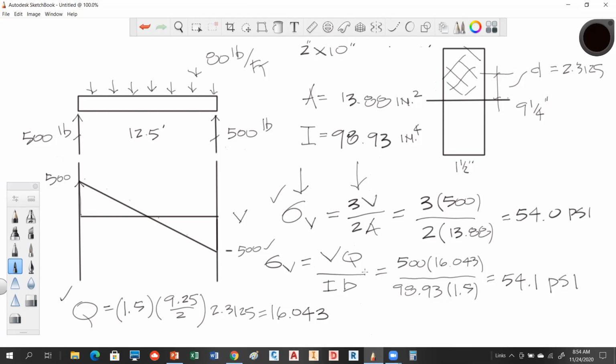The second one works for everything. But if you have a rectangular cross section, you can just jump right into this guy. It's a lot simpler. But be careful. Don't use this all the time, because it won't work all the time.